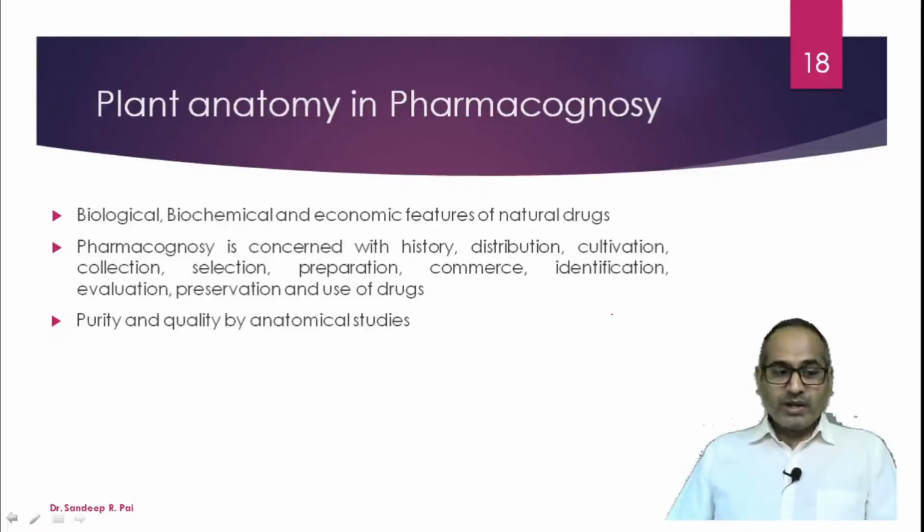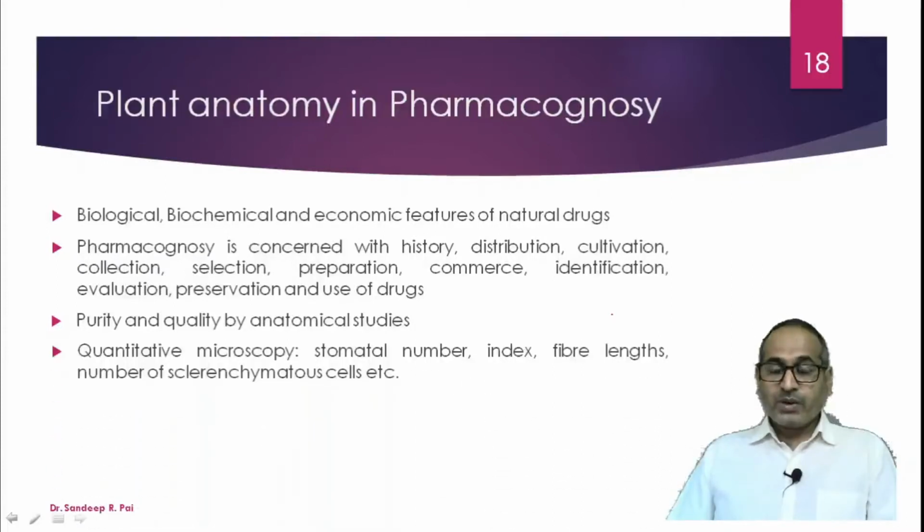So, purity and quality. When it comes to purity and quality of drugs, anatomical studies or anatomical features are of great importance. Like quantitative microscopy, where you look for points like stomatal number and stomatal index.